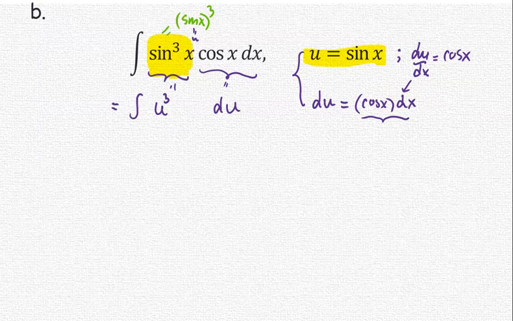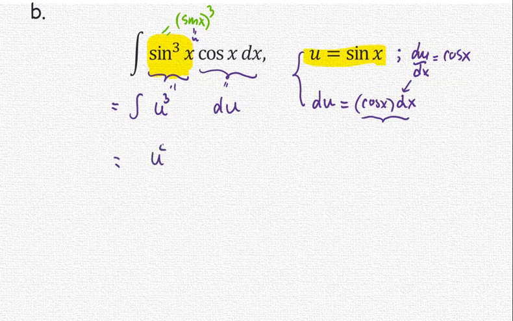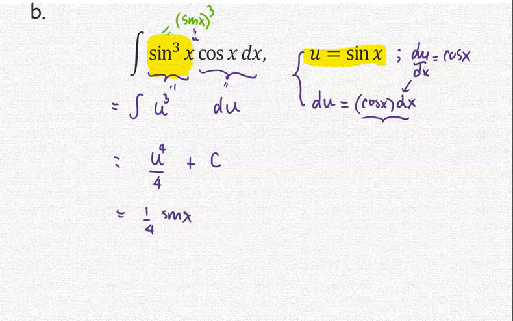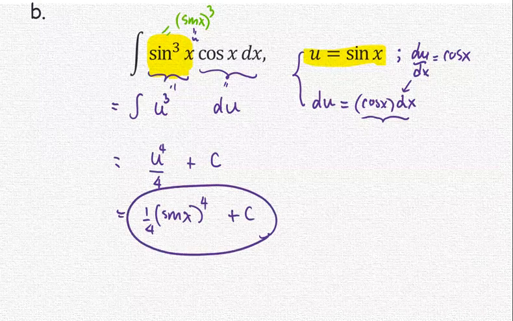At this point, we have the integral involving the u variable, which is much less complicated than the original form. Next, apply the power rule, u to the fourth over 4. Don't forget to add c because this is an indefinite integral. And now the last step, u is sine x. Then replace u with the quantity sine x to the power 4 to finish up the problem. And you are done.